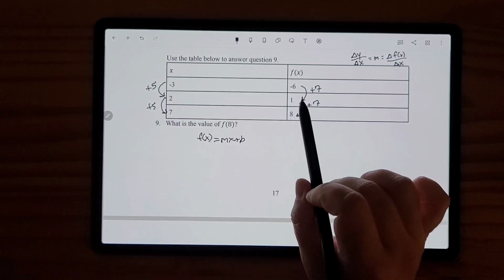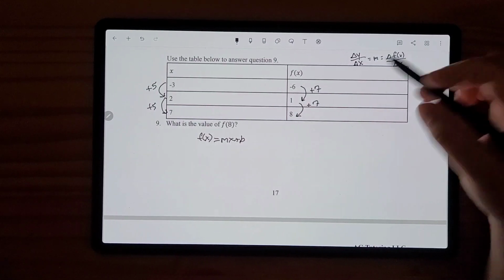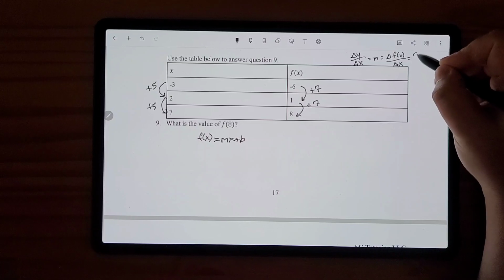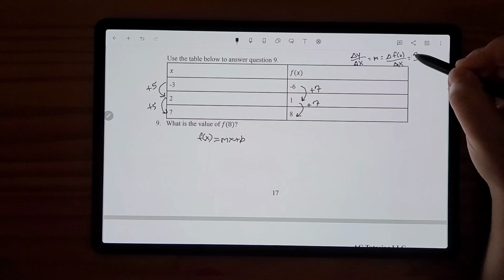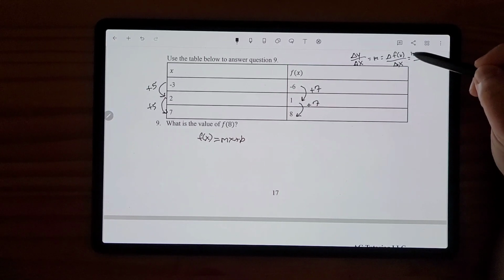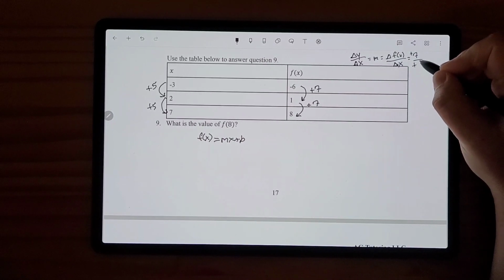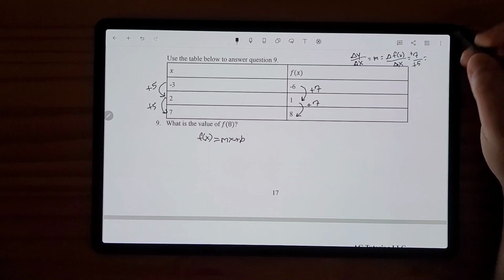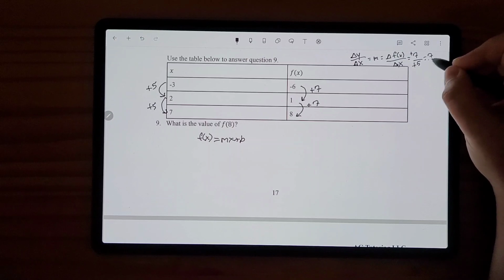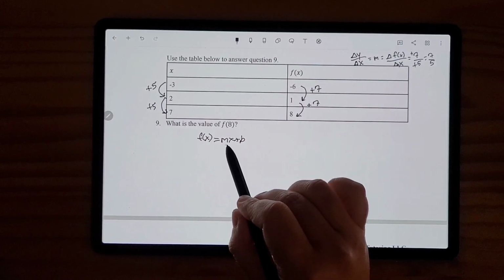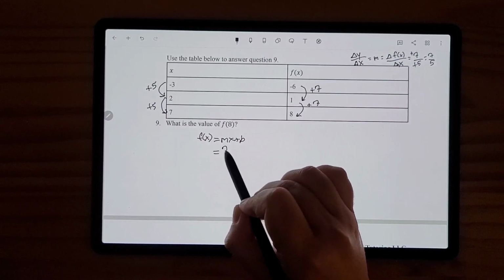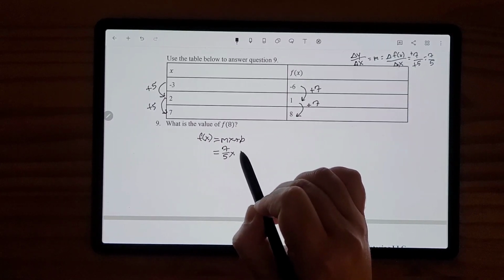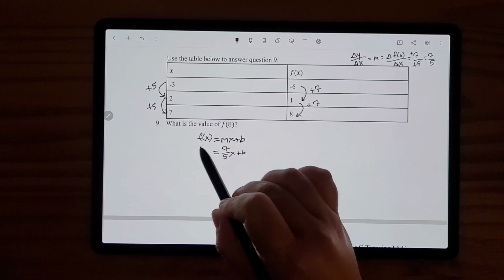So we can figure out the slope from this because it's just the change in f of x, which we saw was 7. It goes up by 7. And then over the change in x, which is just going up by 5. So it's just +7 over +5, which is just 7/5. So that's our slope.